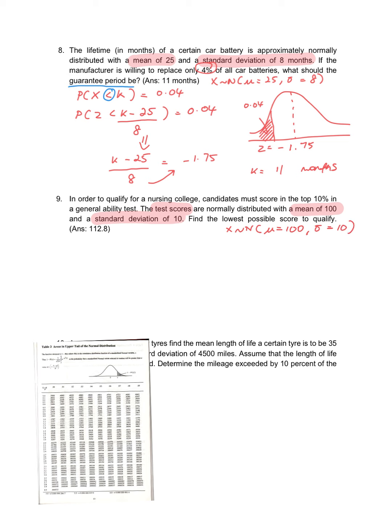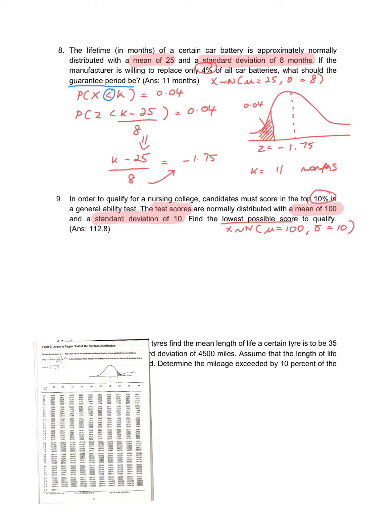So we want to find the lowest possible score to qualify. Okay, so the probability here is 10%. Maksudnya only 10% of the nursing student will be qualified to the general ability test, but the syarat dia, dia mesti score certain score lah. Contoh, in order for you to pass the examination, you have to score 50 or more, okay, baru pass kan.